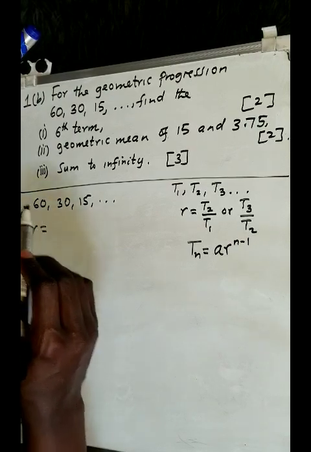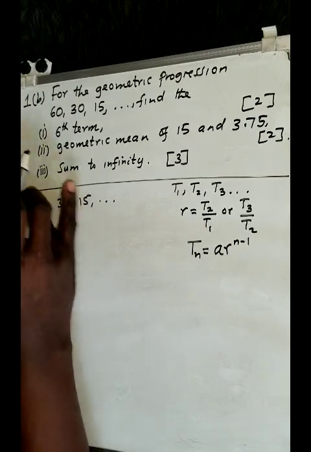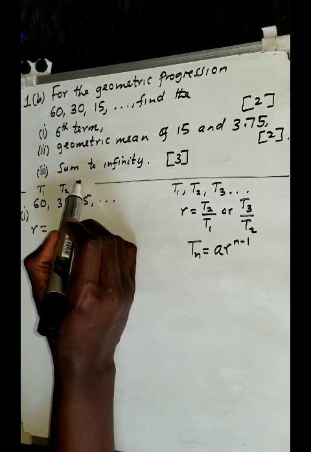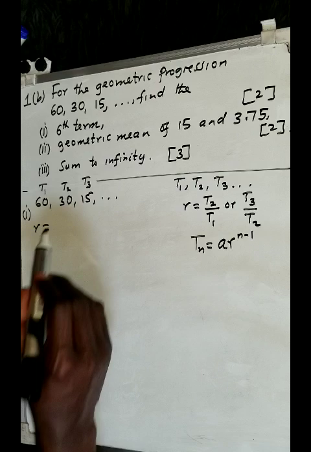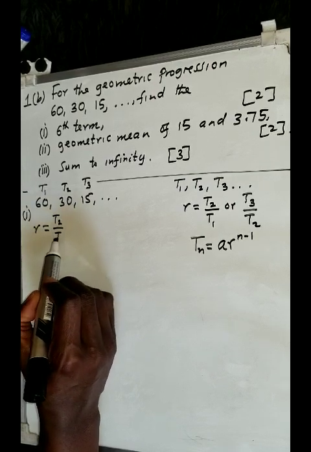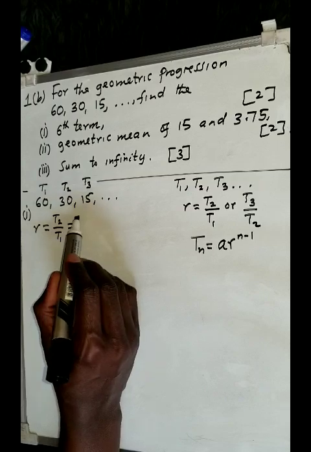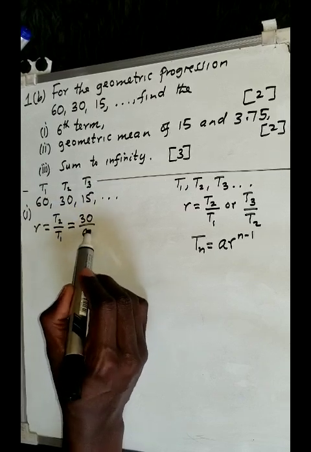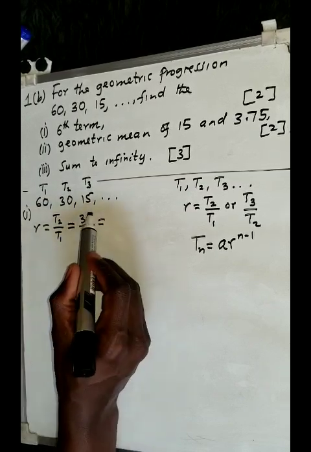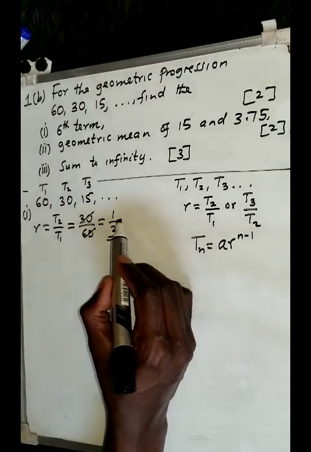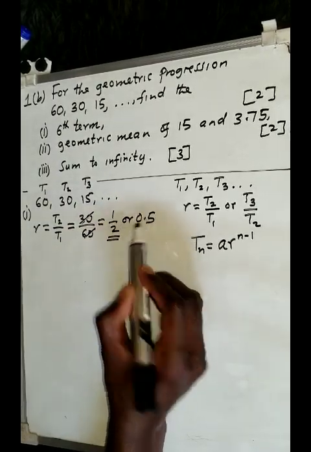You have your T1, T2, and T3, so you can say T2 divided by T1 or T3 divided by T2. It will be the same. So it is 30 divided by 60, which gives you a half, or 0.5.